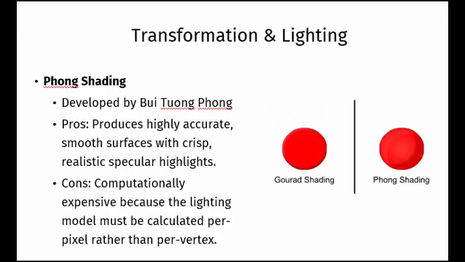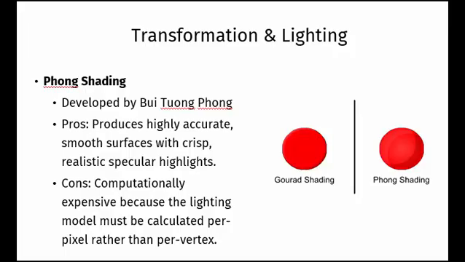Okay. So next is the Phong shading. Now let's look at the Phong shading, which was developed by Bui Tuong Phong. Phong shading is designed to produce smoother and more realistic lighting on 3D objects.